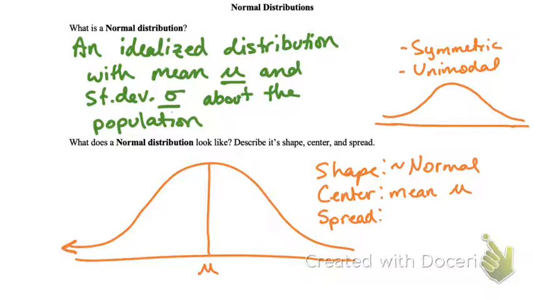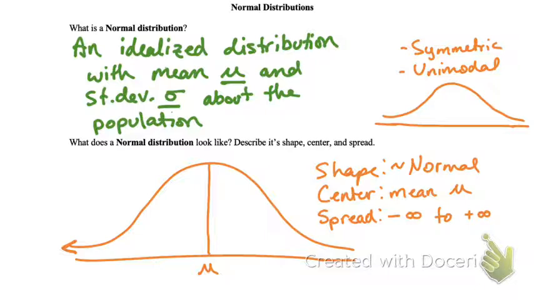So what's the lowest boundary? Negative infinity. It's an idealized distribution that can occur anywhere from negative infinity all the way up to positive infinity and beyond. So it's all real numbers.